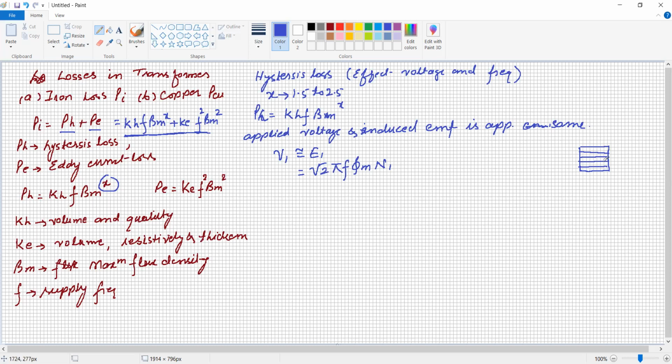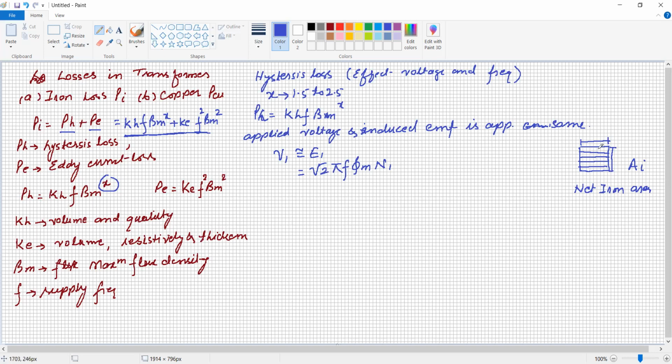the net iron area is equal to Ai. Ai is the net iron area. So what is the difference between the net iron area and the gross area? Gross area is the total area, that is, length multiplied by width.